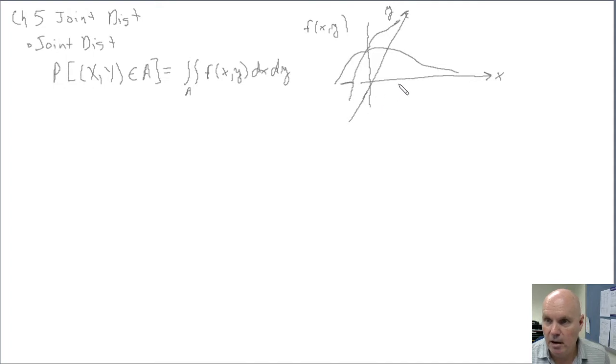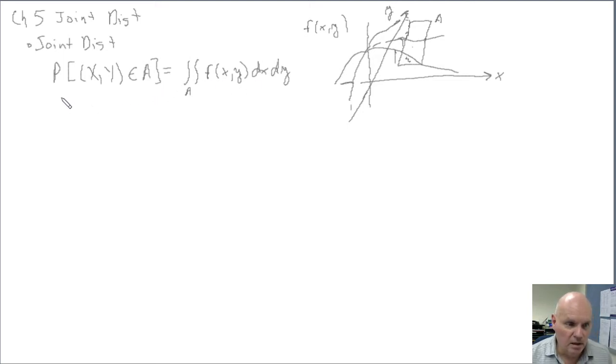Take that to be our PDF. Then, of course, it's a three-dimensional surface. Then the volume above this region A, I'm showing it rectangular, but it may not be rectangular, the volume above that region is the probability that x and y lie within that particular region.